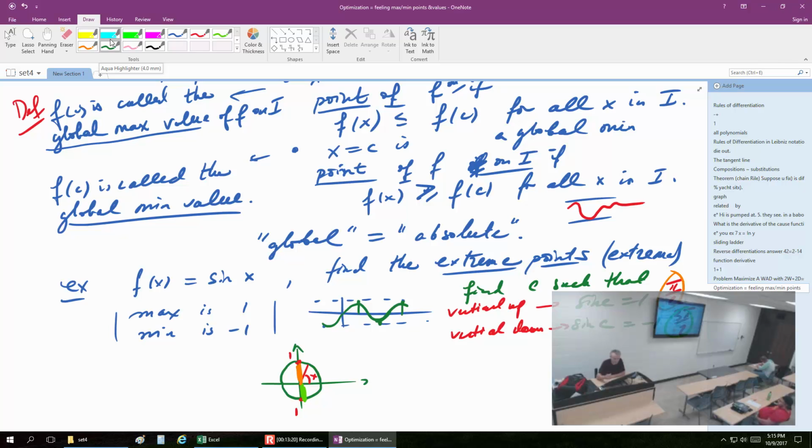Every 2 pi it repeats itself. So this is how we write it. Maximum points are pi over 2 plus 2 pi n, where n is an integer. That's part 1 of the answer, and part 2 of the answer is minimum points are 3 pi over 2 plus 2 pi n, where n is an integer.